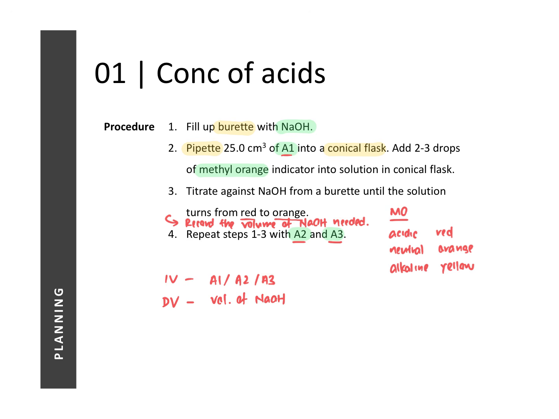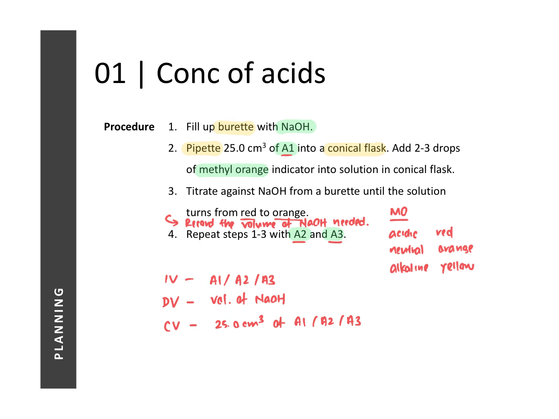And the control variables, is it very clear in the question? Yes, because we are repeating steps 1, 2 and 3. In these steps we are using a pipette to measure 25 centimeter cube of acid, so the volume of acid is kept constant.